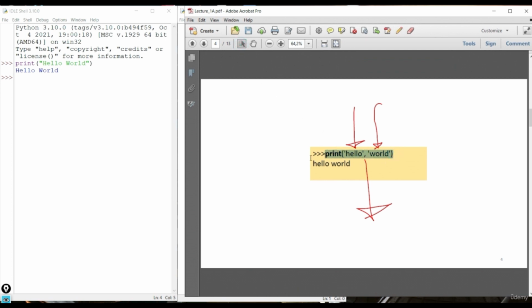Let's try this command on the left hand side. Okay, I pasted print hello comma world. The display is the same as in the previous one. I mean, both words are displayed, and a space between these two words is available.